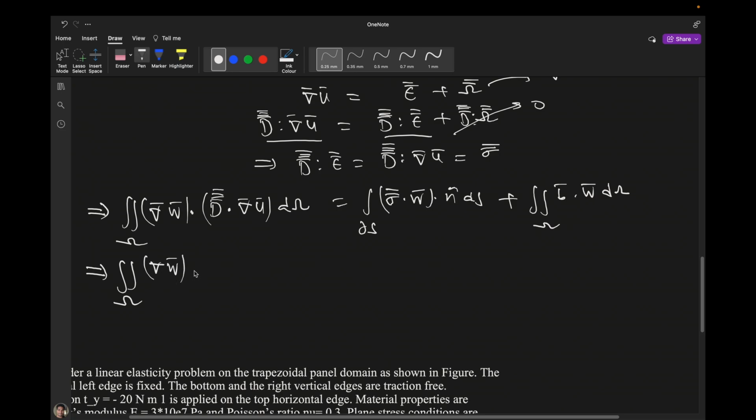There is one more property we can use here, that is w dot sigma transpose n vector ds plus b dot w.